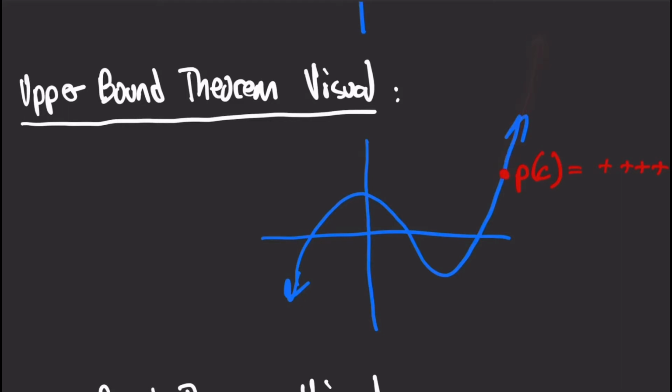It'll never turn around and come back down across the x-axis. So that value C is an upper bound, because there's no roots greater than it. So I wouldn't even try. Even if there were some other factors of possible roots greater than C, they're not going to work. So I'd only try numbers less than C.